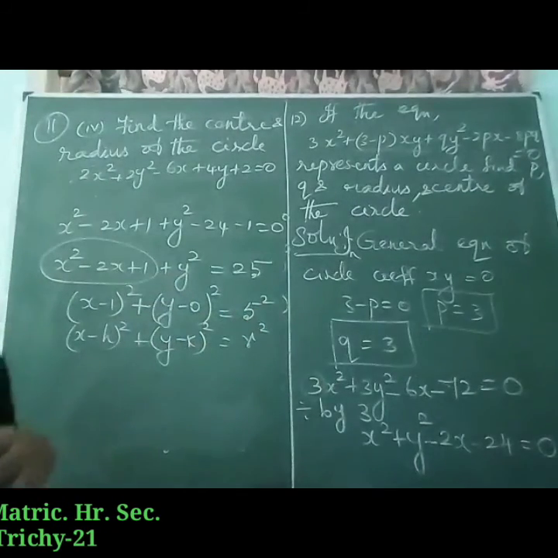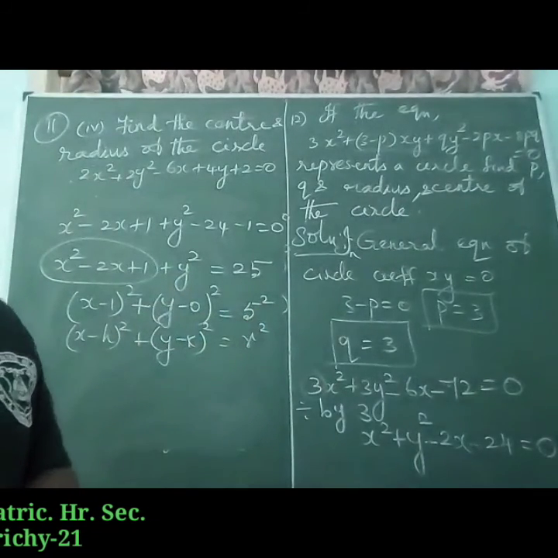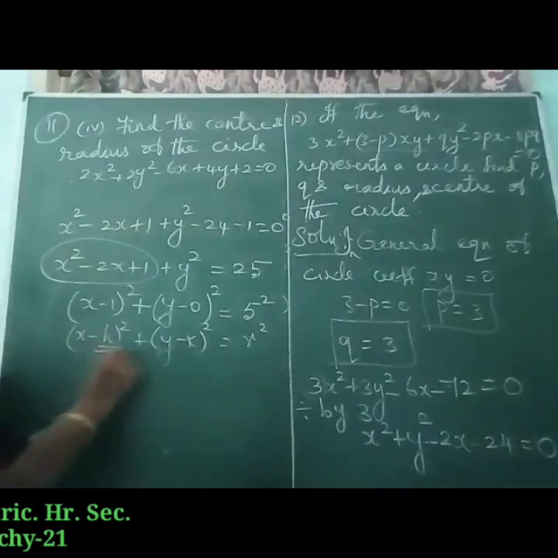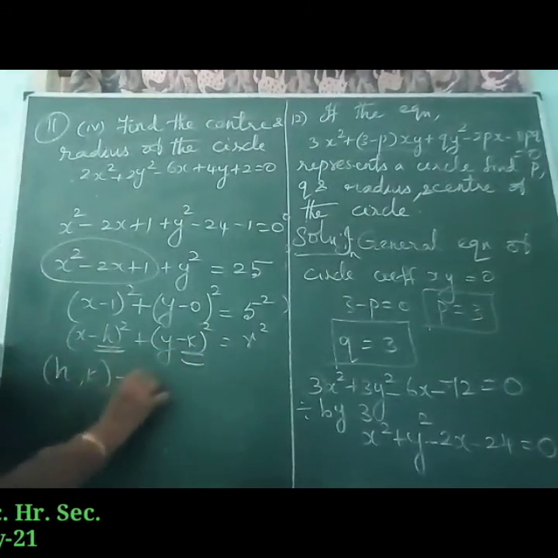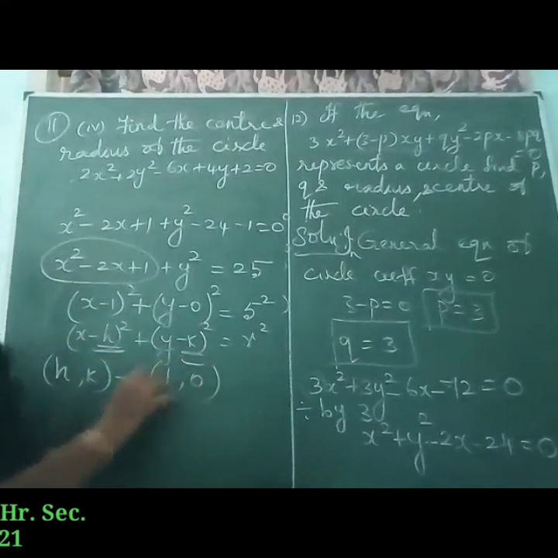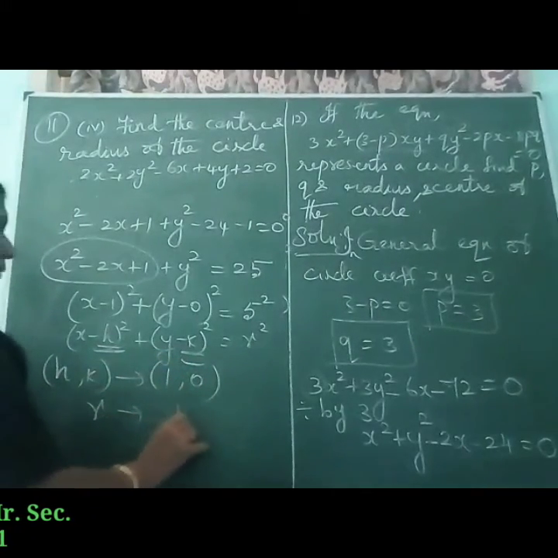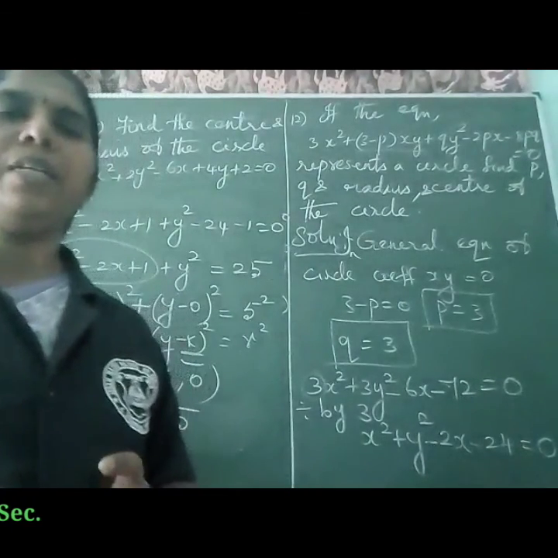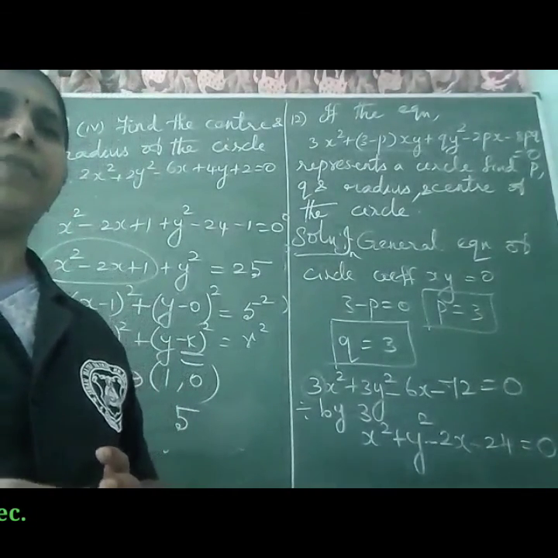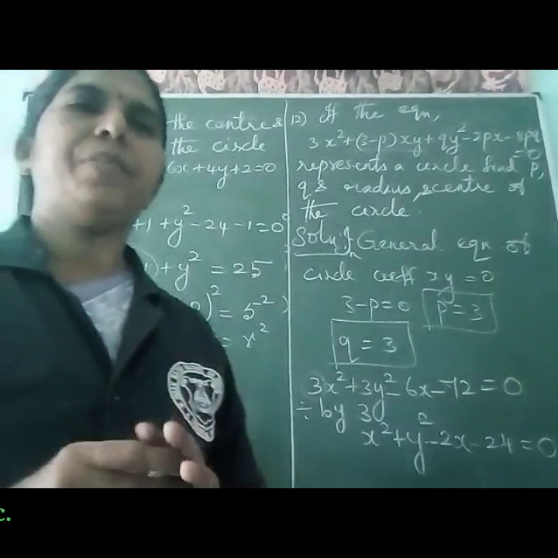From this directly we can identify the center and radius. The center is h comma k. So h comma k represents 1 comma 0 and the radius is 5 units. Like this also we can find out the center and radius of the circles. Thank you children.